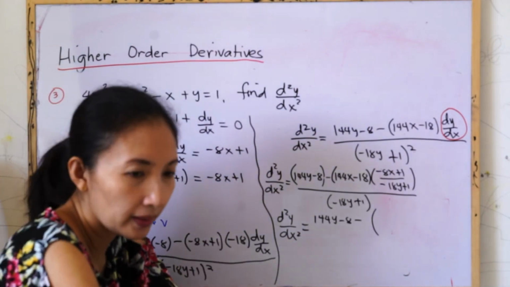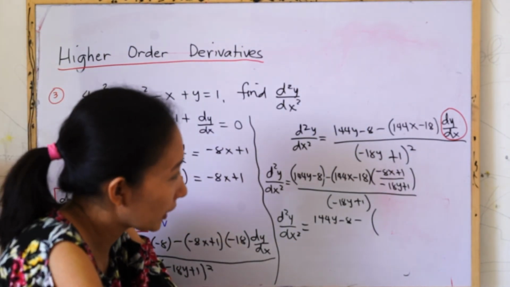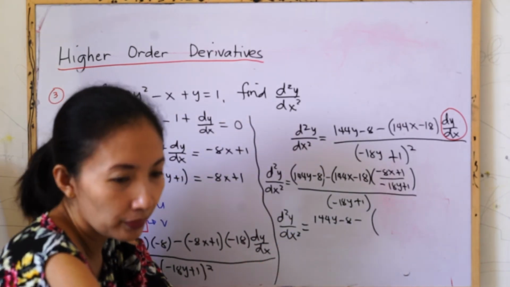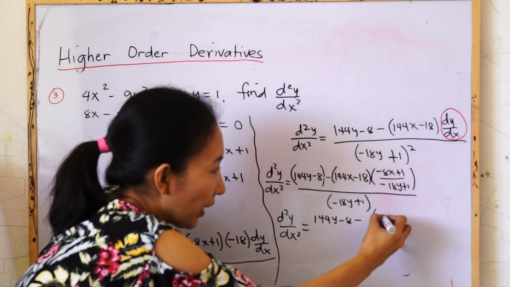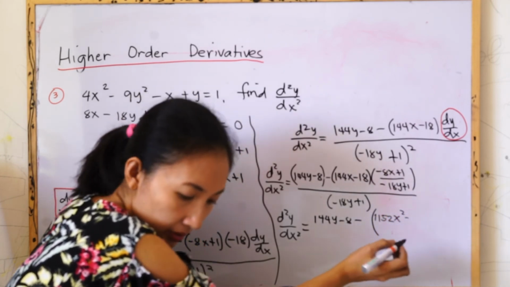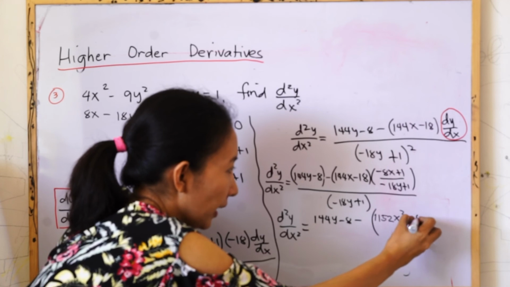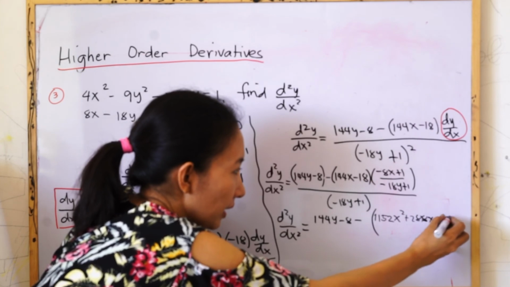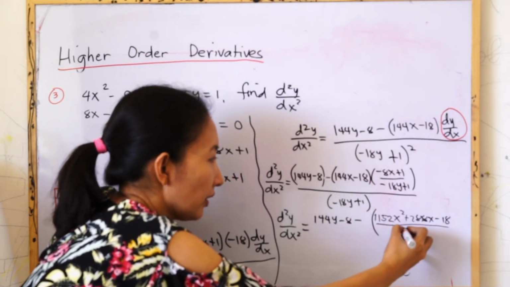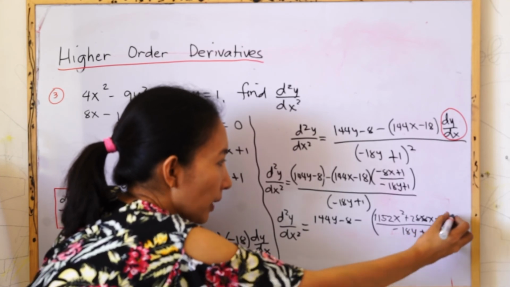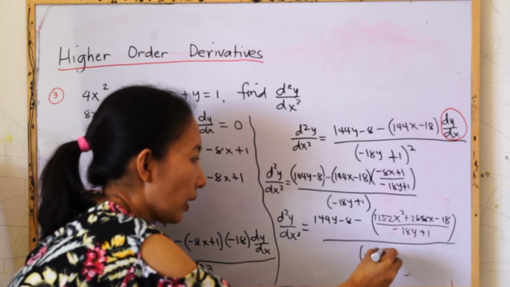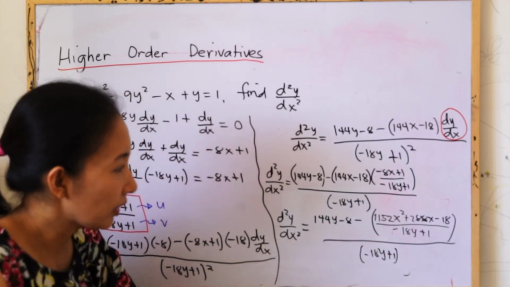What will you end up with? 144 times 8, multiply the numerators and the denominators, and it's just the same. The answer is 1152x squared plus 288x minus 18 all over negative 18y plus 1 all over negative 18y plus 1. Again, combine these two.